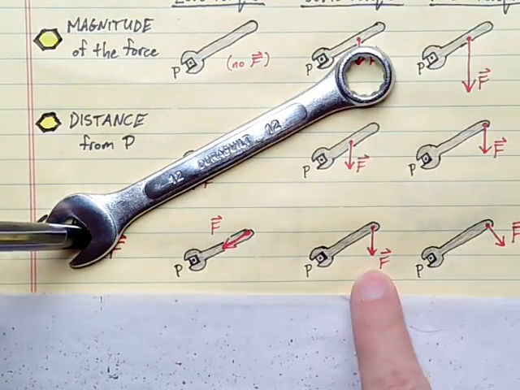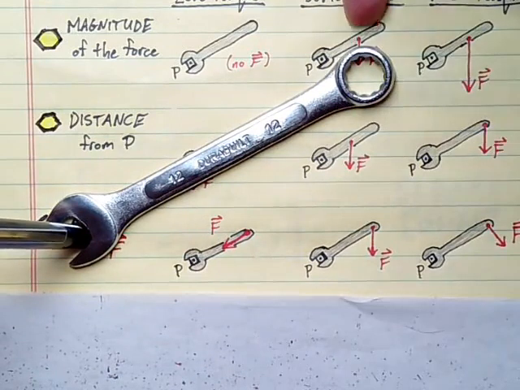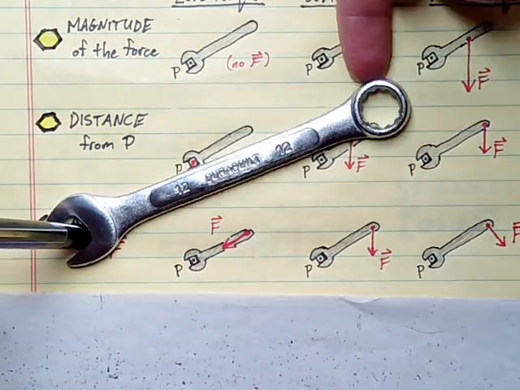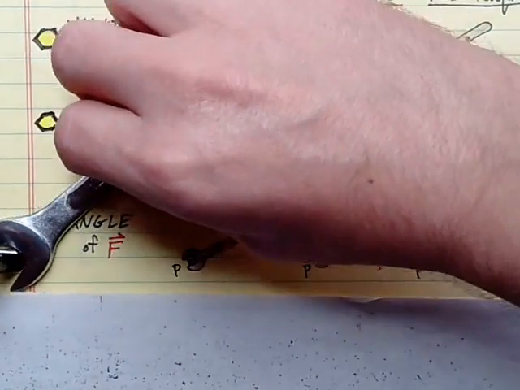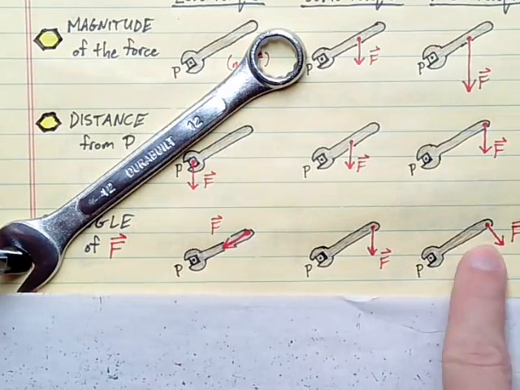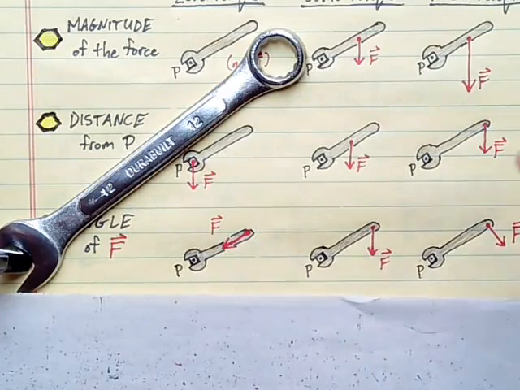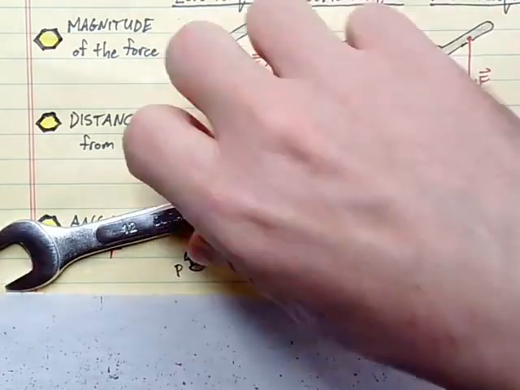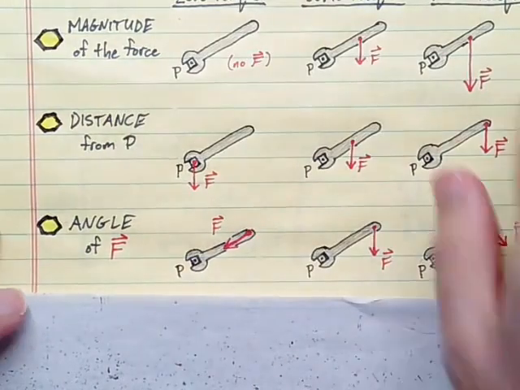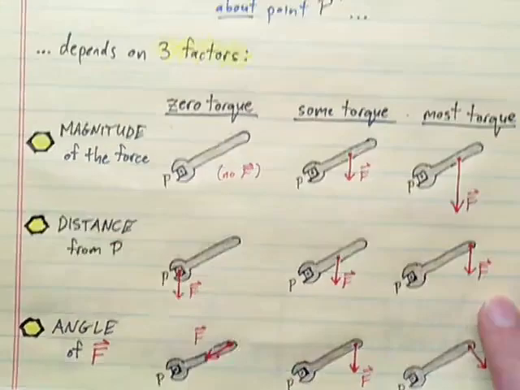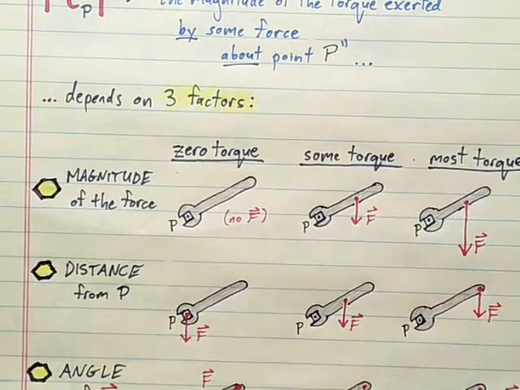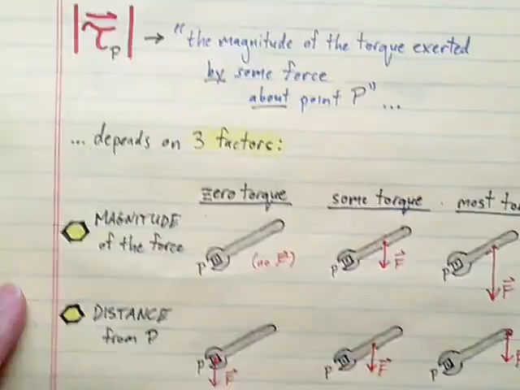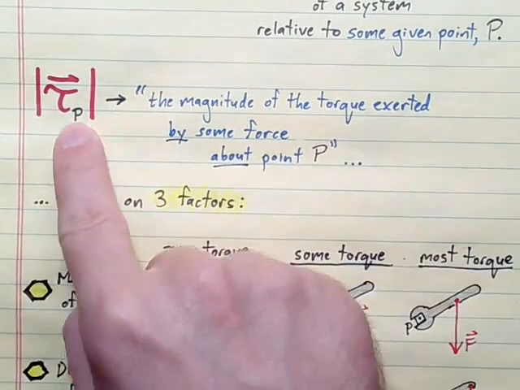But as here, if I push with a force at some other angle, we will get a rotation. And the way to maximize the torque we get is to push with a force making sort of, in this picture, a right angle to the wrench itself. That's our maximum torque. So we're going to put together these three factors into a mathematical model that will enable us to compute the magnitudes of torques.